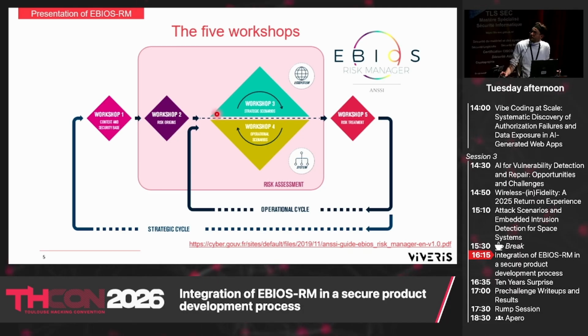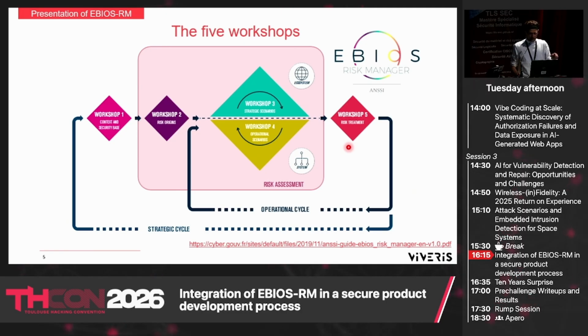Then we analyze the ecosystem and all stakeholders and all organizations interacting with our object of the study. Then we move to an operational level and we wonder how an attacker can achieve their goals technically. And finally, we define a risk treatment plan with security measures to decrease the likelihood of previous scenarios.